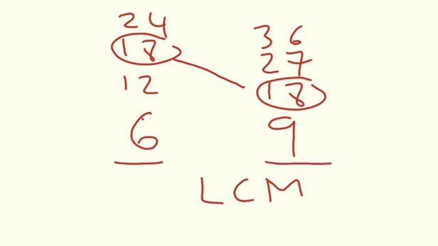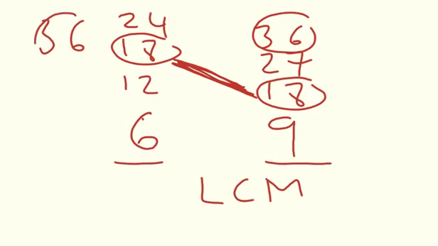So this is one method you can use to work it out. Just by doing the times table, going up the ladder and seeing the first time they meet. This is the lowest common multiple. There is other times where they are common multiples and it will go higher, higher and higher. For example, when you go to 36, 6 times 6 is 36 and 9 times 4 is 36.